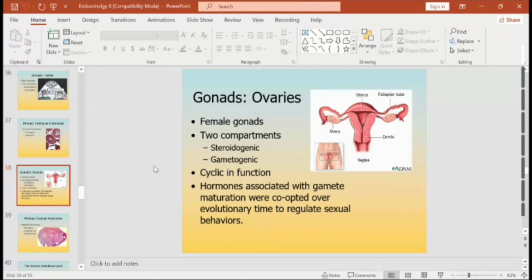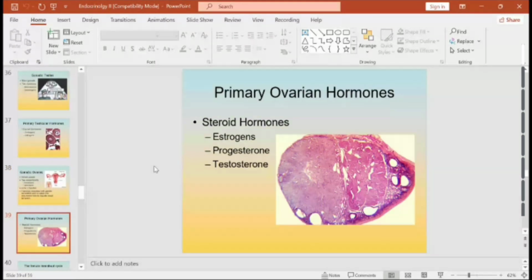In females, the gonads include the ovaries, and we said it has both the steroidogenic effect and the gametogenic effect. The effect is cyclic in nature, in that it happens in a cycle. We call it the menstrual cycle, which has two phases, and we look into the detail of that when we review the female reproductive system.